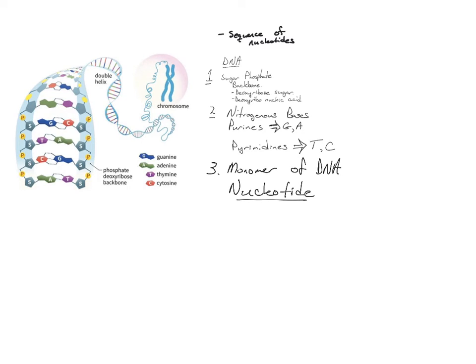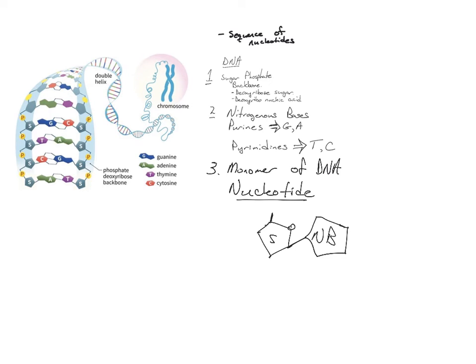And that nucleotide has, in its most basic form, a pentose sugar, which has an oxygen at the center. From the first carbon comes a nitrogenous base. And that nitrogenous base is either a purine or a pyrimidine. It could be either one.